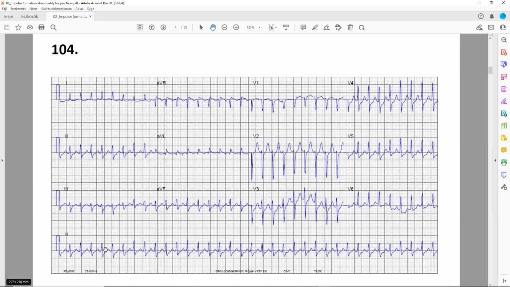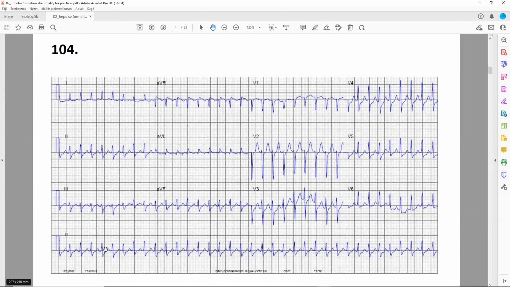So it should be around 300 beats per minute. If you had two squares between R waves, 150. If you have one, that's 300. So between 150 and 300, you can say 200, for example, or 210. Doesn't matter. So that for sure is tachycardic. Okay, go on.